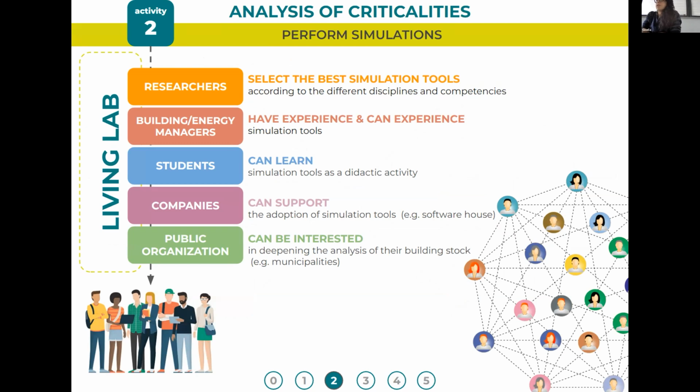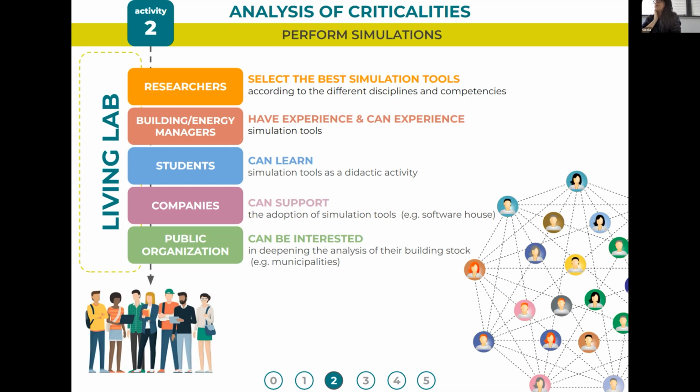Building and energy managers are involved in the living lab, both because they have experience of simulation tools, or if not, the Living Lab is the right situation to experience new simulation tools. Also students can participate in this activity, learning new tools to support their professional formation.